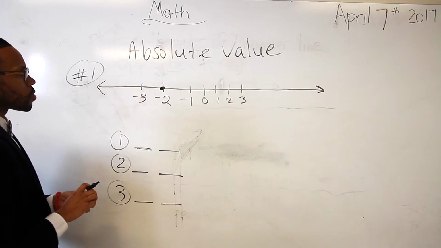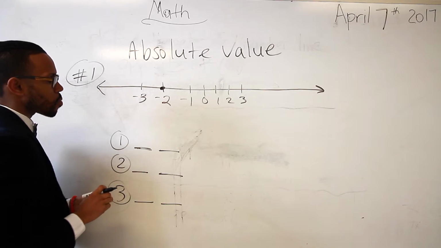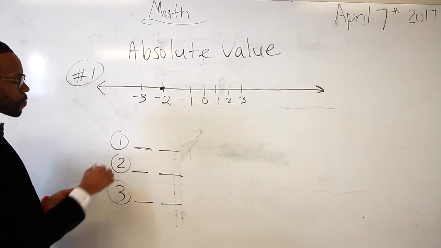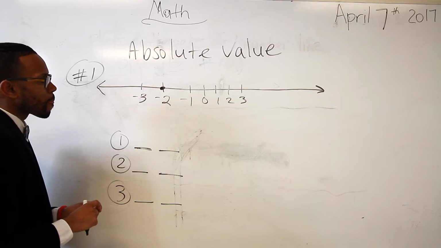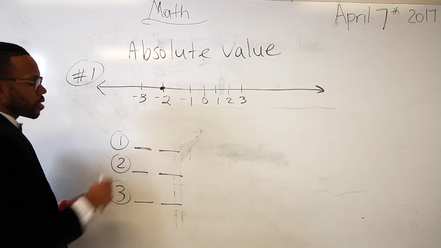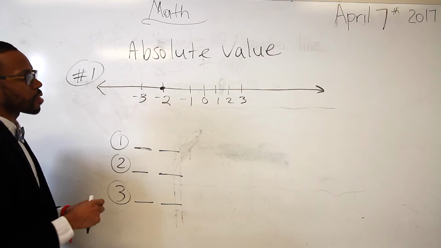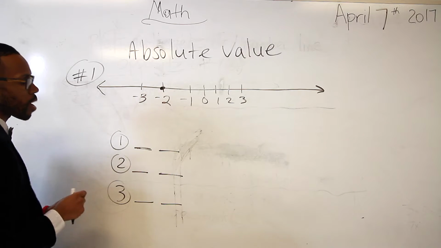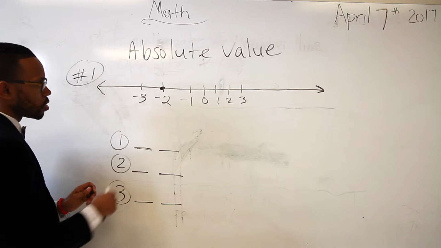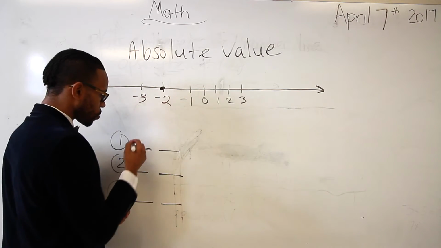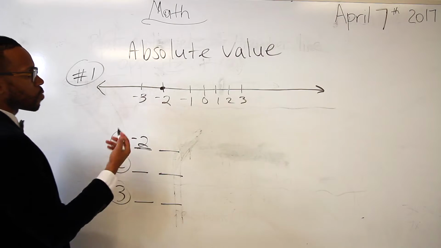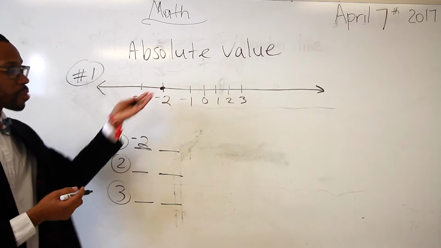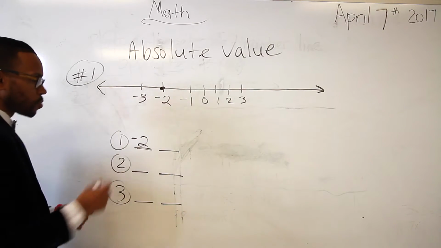So what would be the answer if I say, at what point do you see the dot plotted on the line? Where is the dot plotted on the line for number 1? You would say, oh, it's at -2. Or if it asked, what's the value of the point plotted on the line? You would say -2. All right?